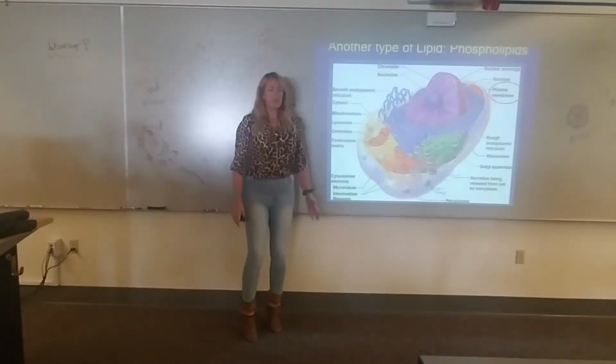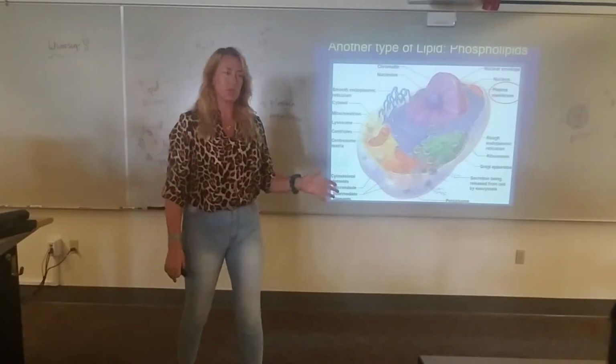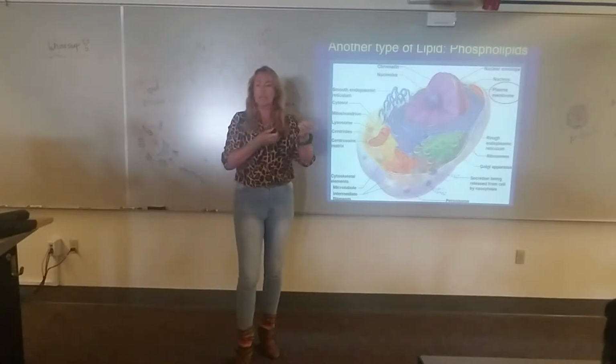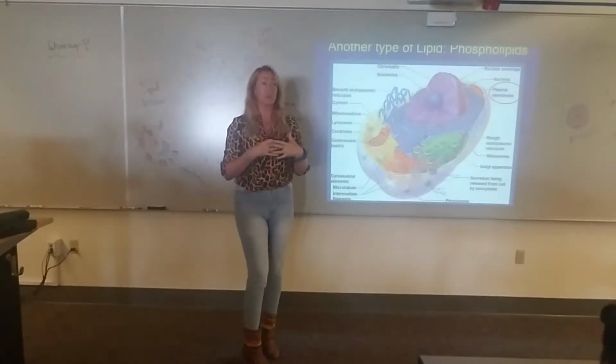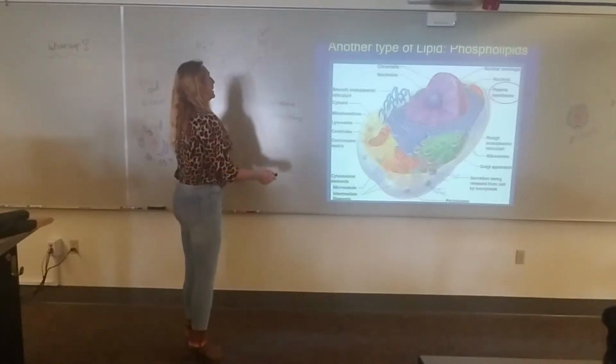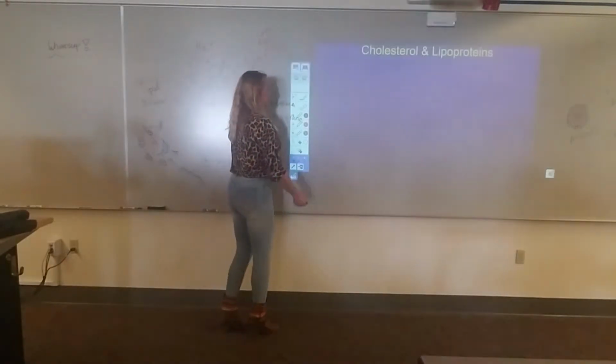You don't want everything just getting into your cells. You don't want every single molecule, every single toxin, every ion, every sugar. You want it to come in and out as needed, so you can maintain homeostasis at the level of the cell. So it makes up the plasma membrane and lines the membranes of some of these other organelles within your cells.